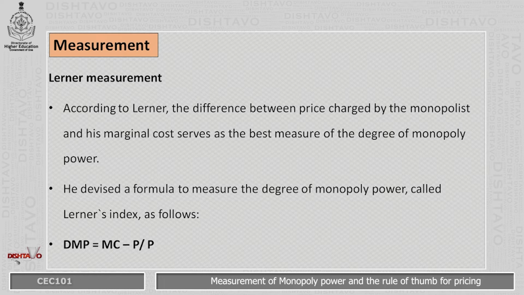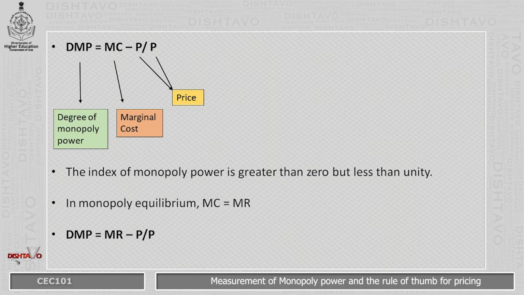Lerner devised a formula to measure the degree of monopoly power, called Lerner's index. It is as follows: DMP equals (P minus MC) divided by P, which means degree of monopoly power equals the price of the monopolist minus marginal cost, divided by the price of the monopolist. The index of monopoly power is always greater than 0 but less than unity.